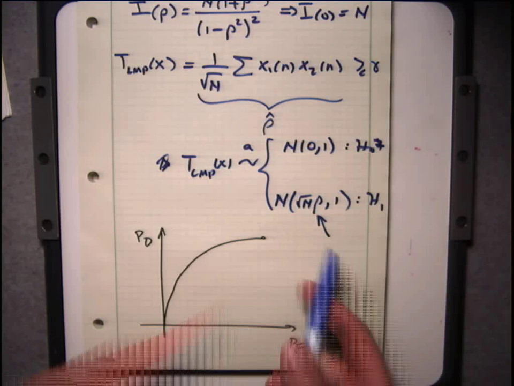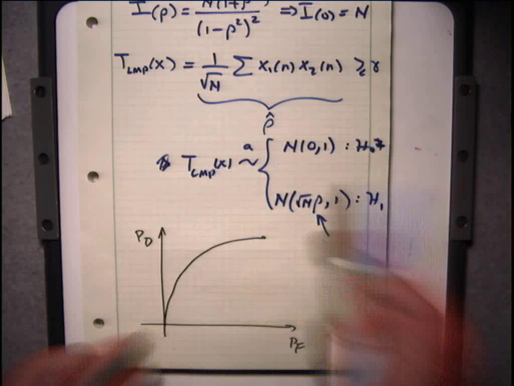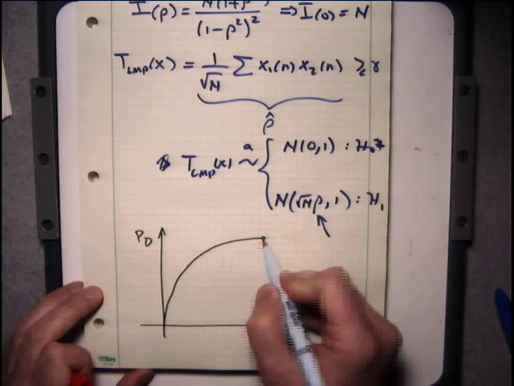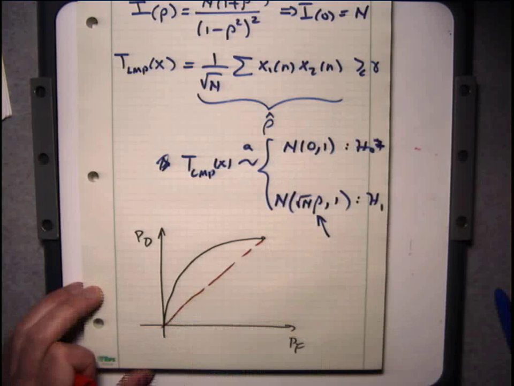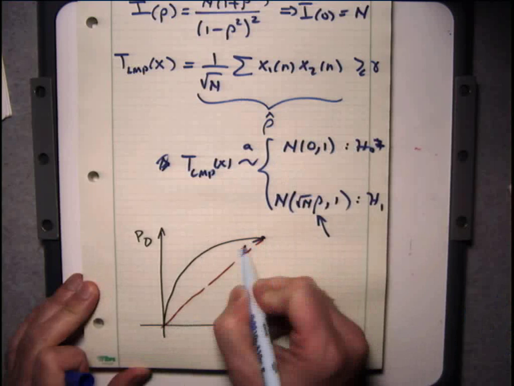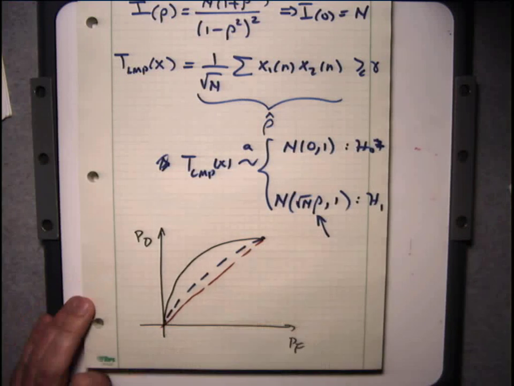Well, then what you have to do is plot this curve for different values of rho. Okay? And so, for instance, if rho is really, really close to 0, then these two get really close to each other, right? So your performance, this is the chance line. If rho is really, really close to 0, your performance is going to be really close to this line, right?